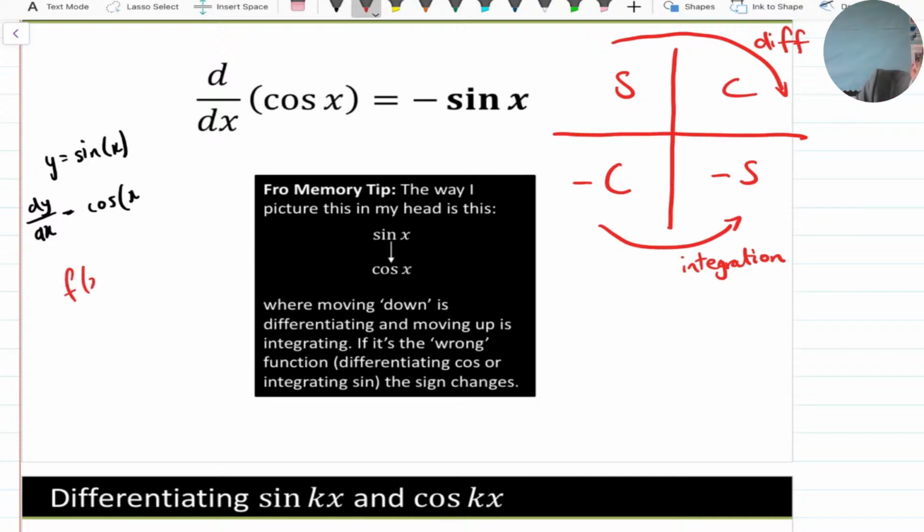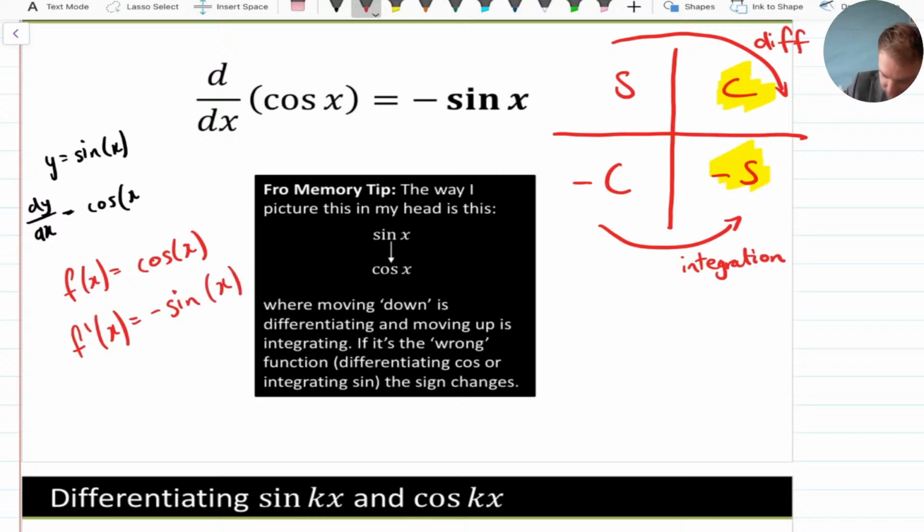So f of x is equal to cos of x, then f dash of x is equal to minus sine. If I'm differentiating minus sine, it's equal to minus cos. If I'm differentiating minus cos, it's equal to sine.